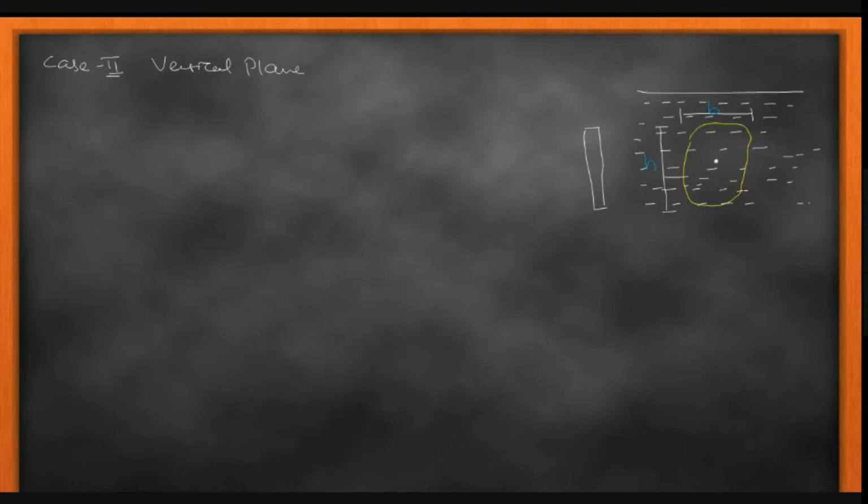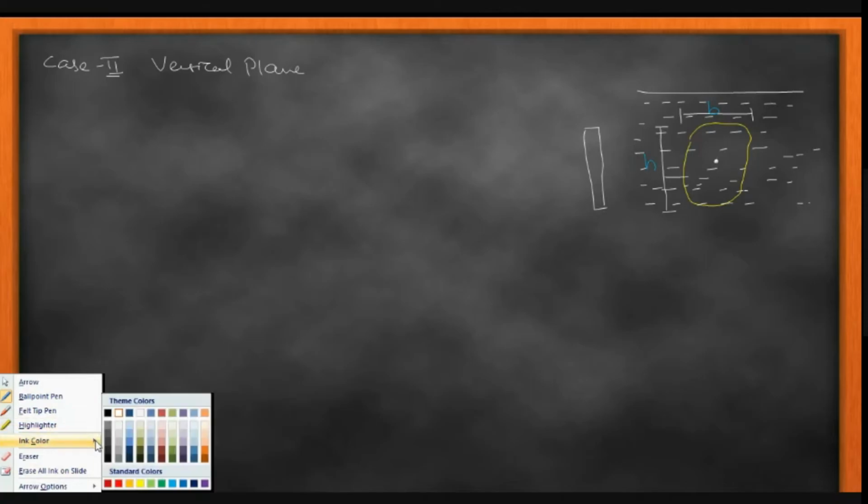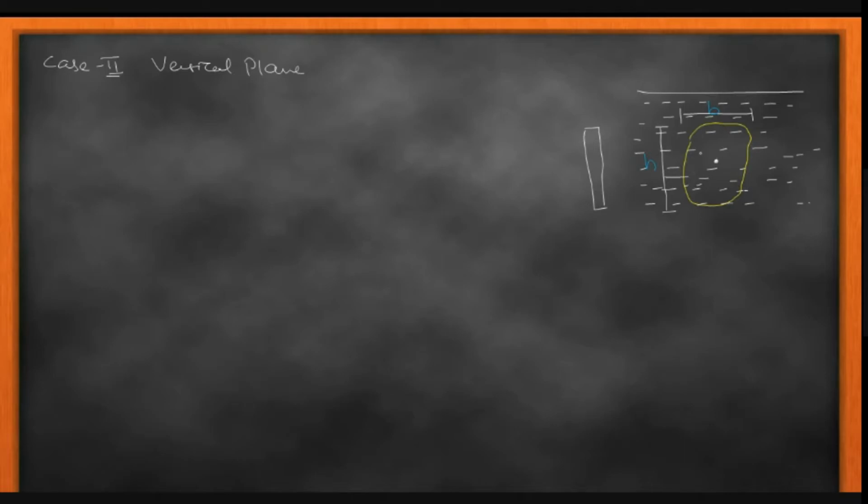I'm using a separate color so that it can be easily understood. So this is my CG point, indicated by G, and I'm taking one strip.